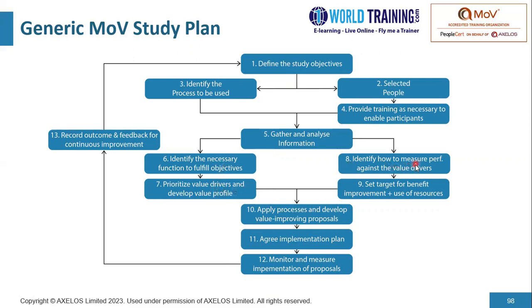We identify how to measure performance against the value drivers. We set targets for benefit improvement plus user resources. We apply processes and develop value improvement proposals. We agree on implementation plans. We monitor and measure implementation of proposals, and finally record the outcome and feedback for continuous improvement.